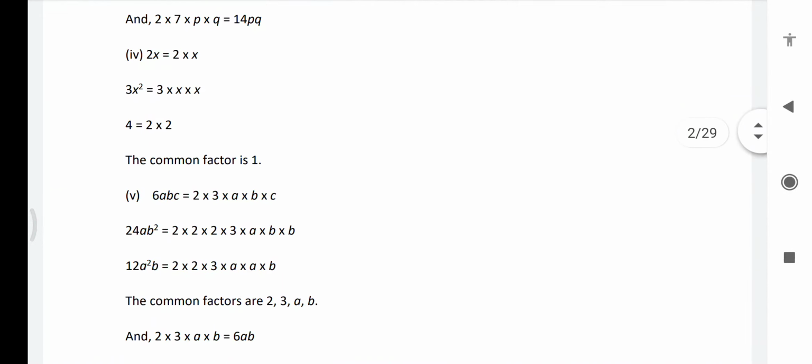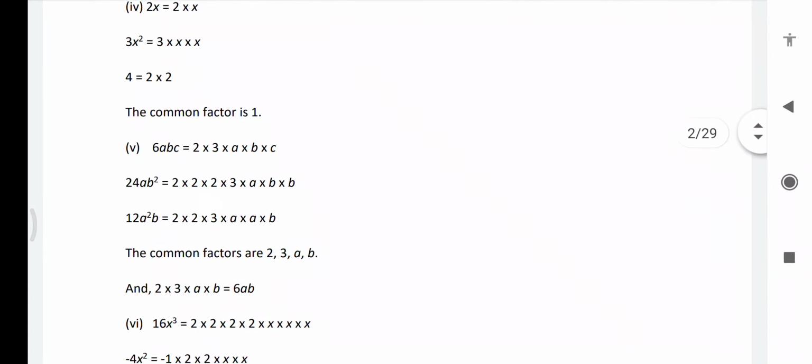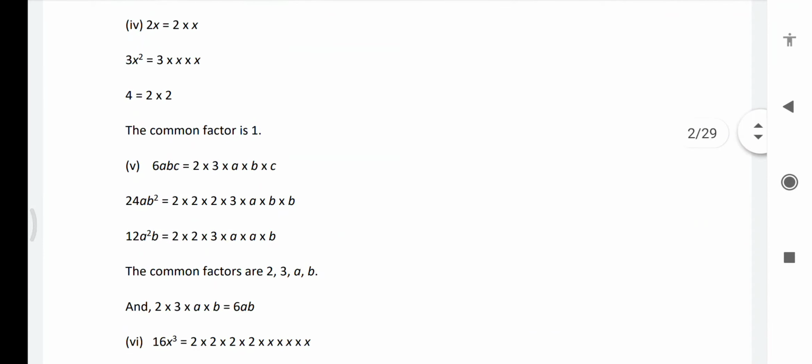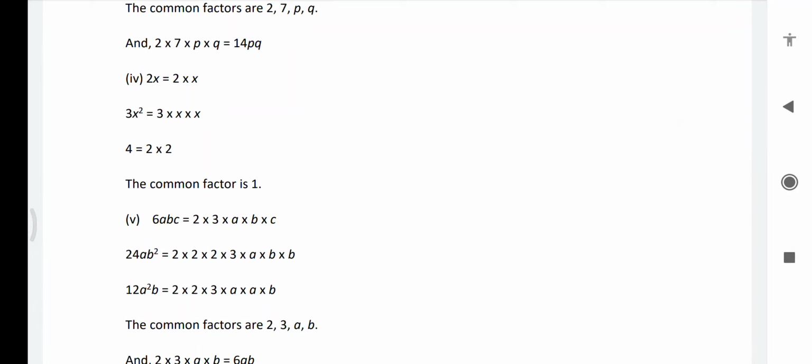Now 4, 2x, 2 multiply x, 3x square, 3 multiply x multiply x, and 4, 2 multiply 2. Now underline the common. 2 is in first and last but not in second. 3 is in second but not in first and last. X is in the first and second but not in the last.